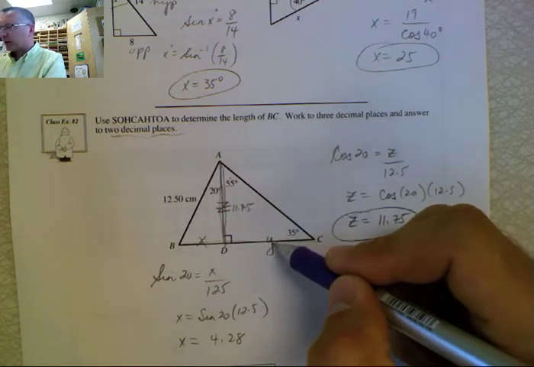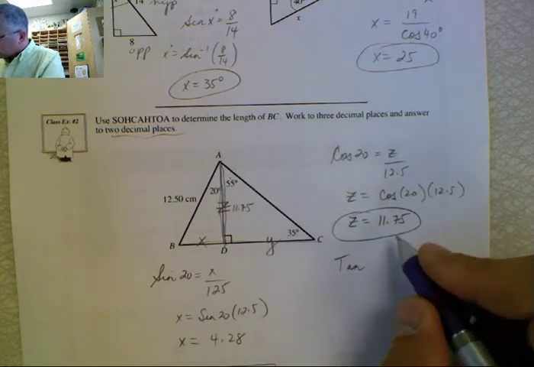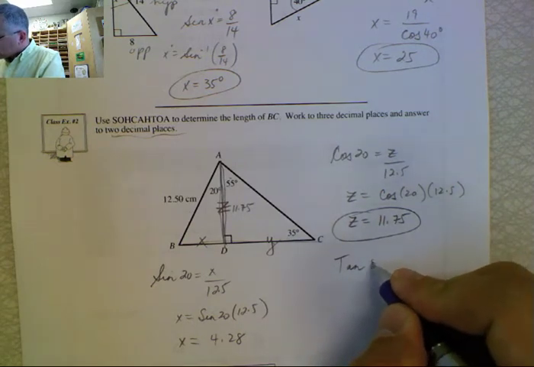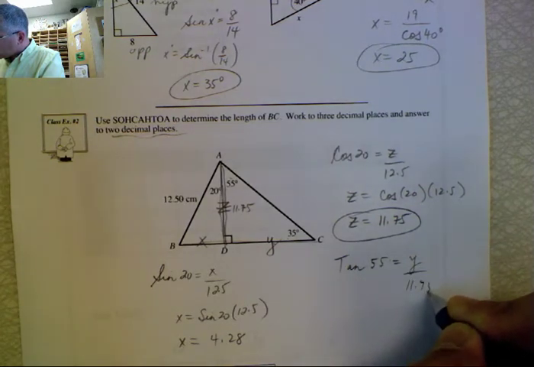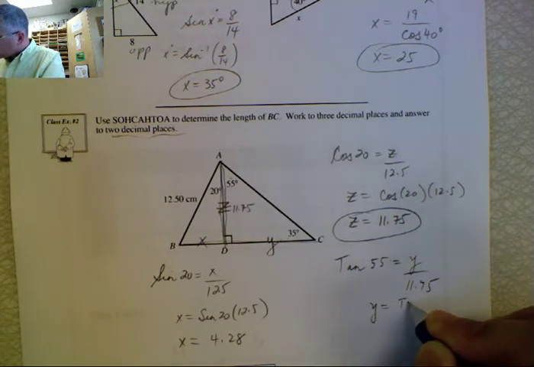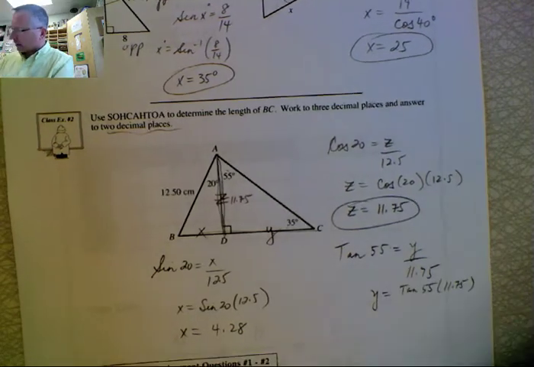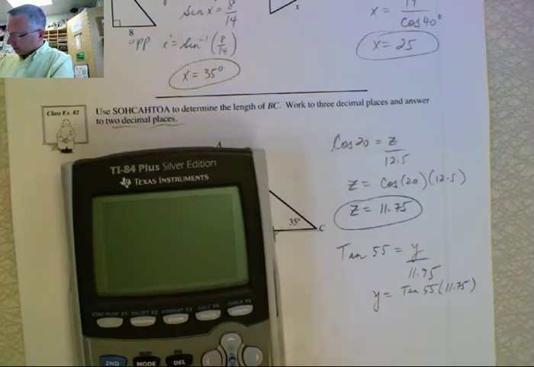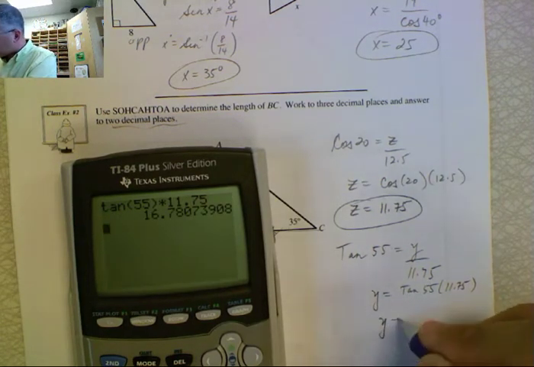Now we're looking for the opposite side, and we know the adjacent side, so that's tangent. So we've got the tan of 55 is the opposite side over the adjacent side. So Y is going to be the tan of 55 times 11.75, which gives us 16.78.